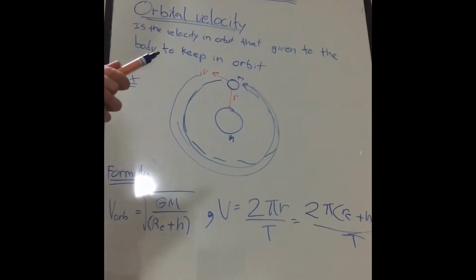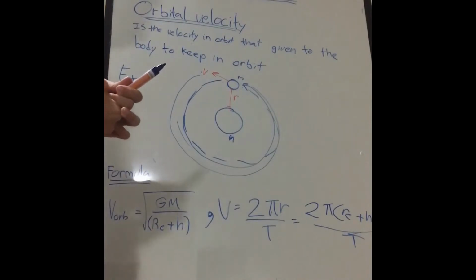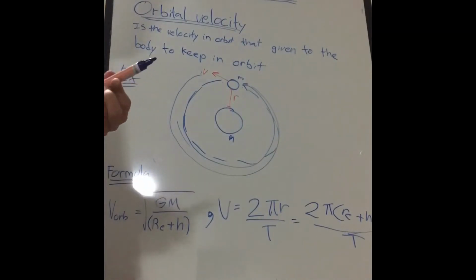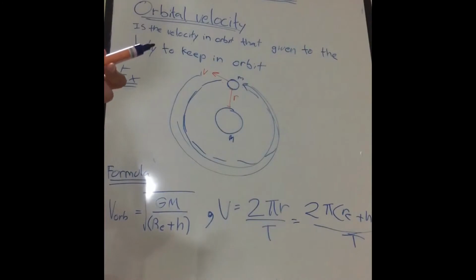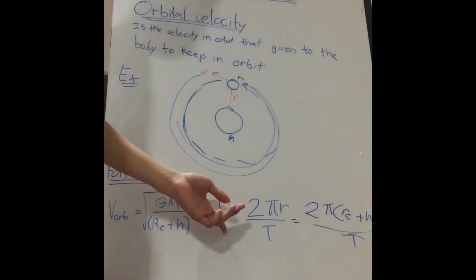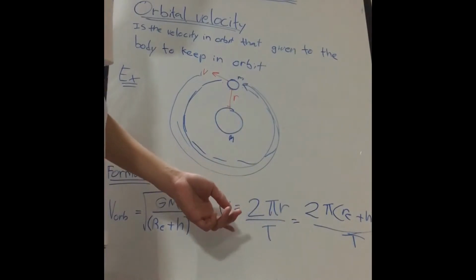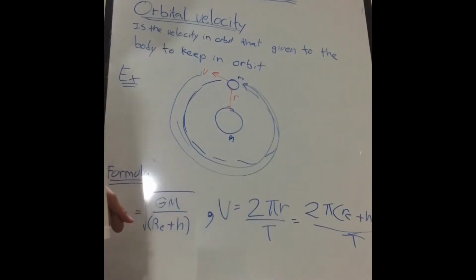And also the v orbital can be expressed in another way too. Like this formula, v orbital equals 2 pi r over the period.